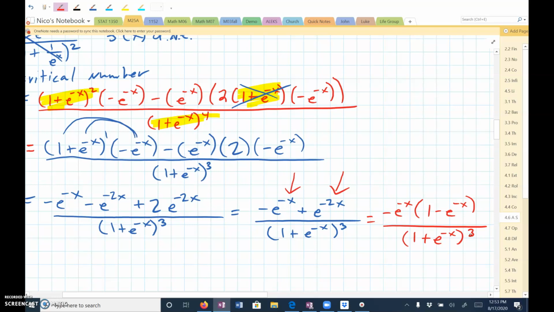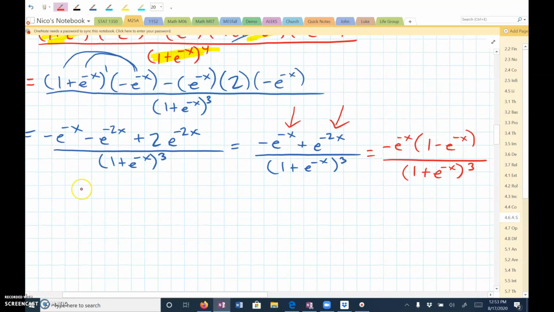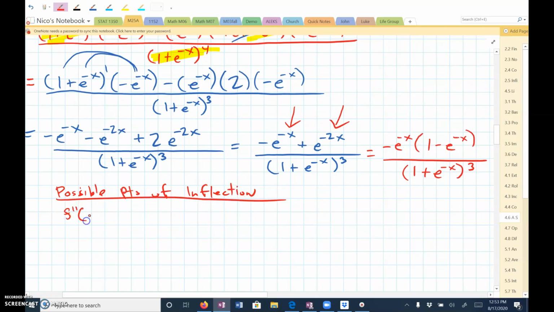Now, define possible points of inflection. We need to figure out where the second derivative equals 0 and where the second derivative does not exist.